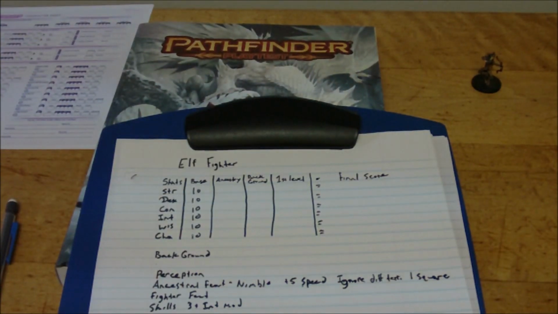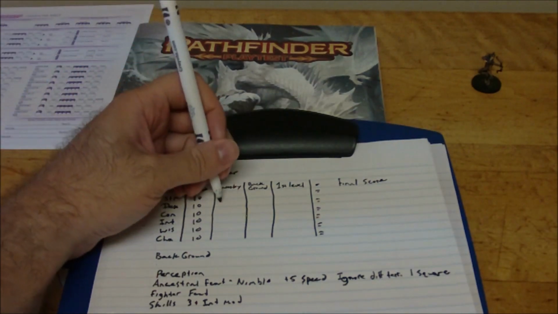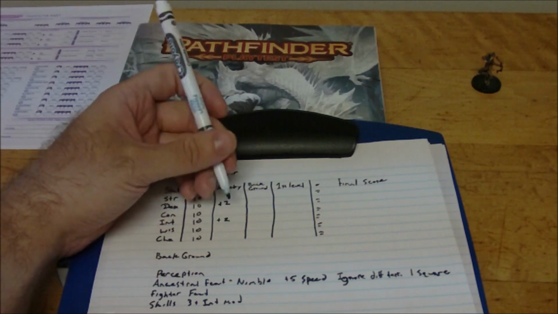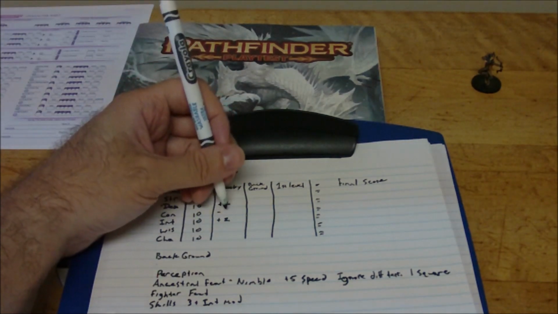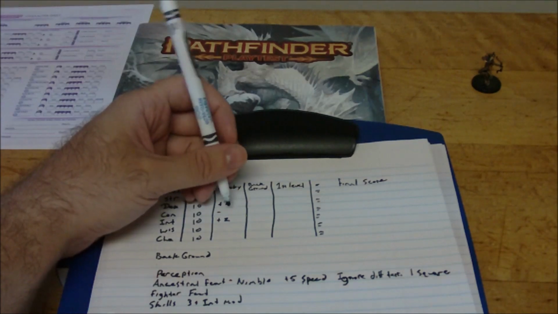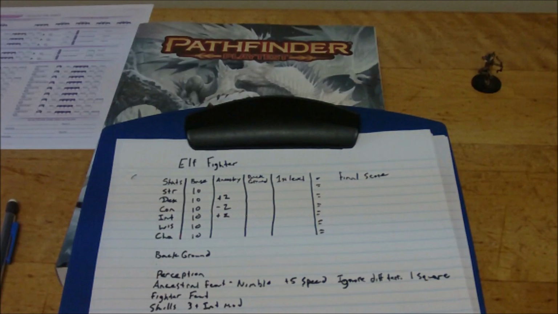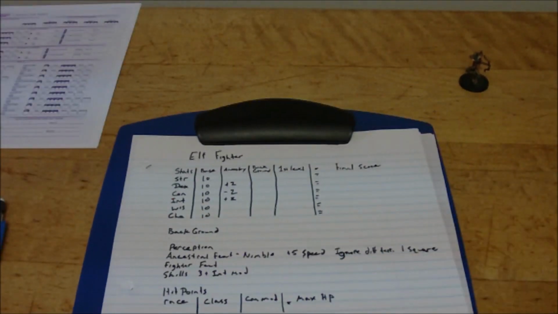So for my Ancestry, I have a boost to Dexterity, which is +2. I have a boost to Intelligence, which is +2, and I have a flaw in Constitution, which is going to be -2. And I believe I had a free one as well. Most races give you a free stat boost.